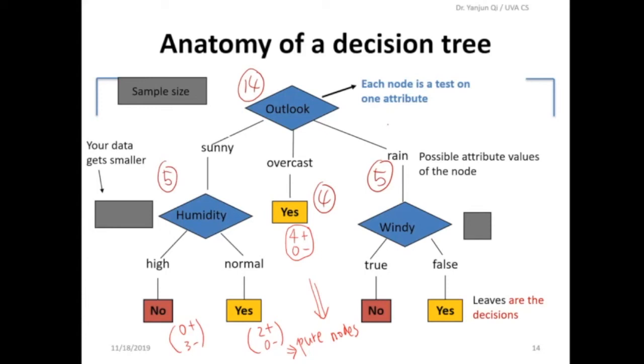You can do the same counting, performing positive and negative counts on each node of this tree. And the whole reason why we get this tree actually depends on these positive versus negative numbers. All right, so this is a summary of the tree and how my training data can be represented by the tree.